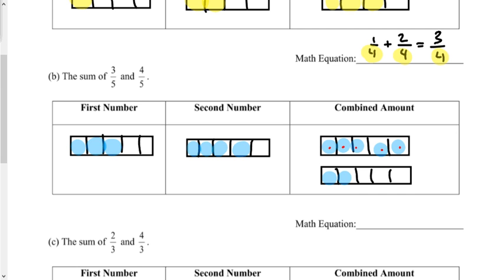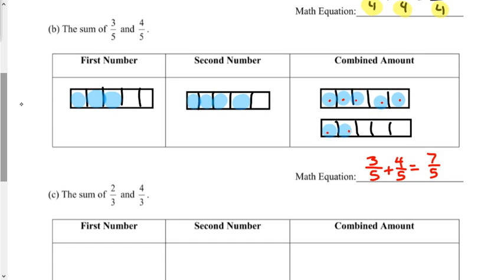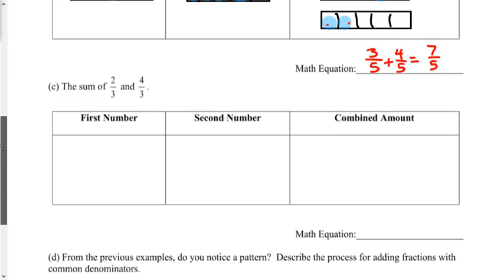And I've got 1, 2, 3, 4 more, and that's for this part here. So what I could say is 3/5 plus 4/5 makes a total of, if I count them all up, I have 7. But remember, my label is fifths. Right? That denominator down here, it's not going to change. It just stays the same. 7/5. Okay?